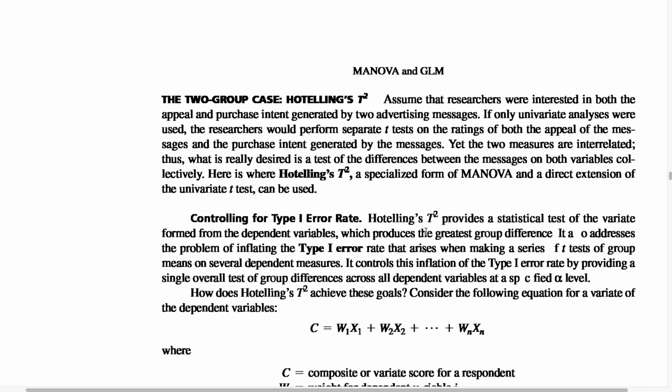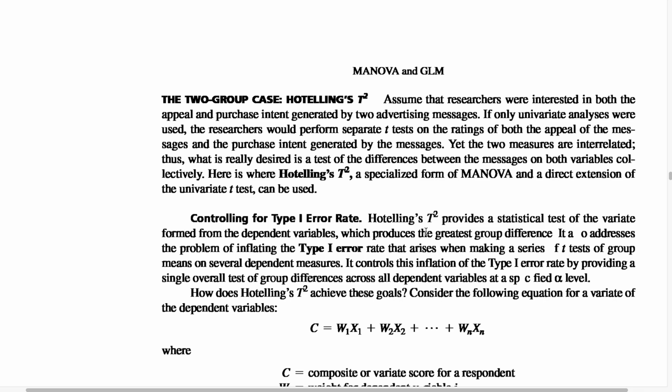Let's talk about the two-group case, Hotelling's T2. Assume that researchers were interested in both the appeal and purchase intent generated by two advertising messages. If only univariate analysis were used, the researcher would perform separate tests on the rating of the appeal of the message and the purchase intent generated by the message.